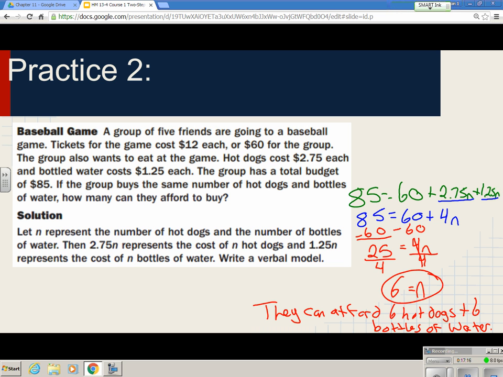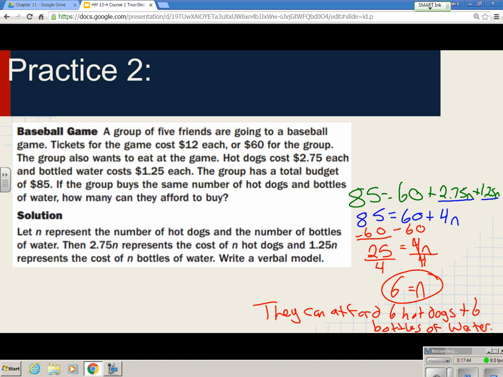You're not going to put the exact answer down because the exact answer isn't going to be what you can actually purchase. So if we actually did 4 into 25, we know that 25 divided by 4 is going to give you 6.25. You're not going to be able to go up to the cash register and say, excuse me, I'd like to buy 6.25 hot dogs and waters. They're probably going to be like, we can't do that. So that's how you come up with 6.